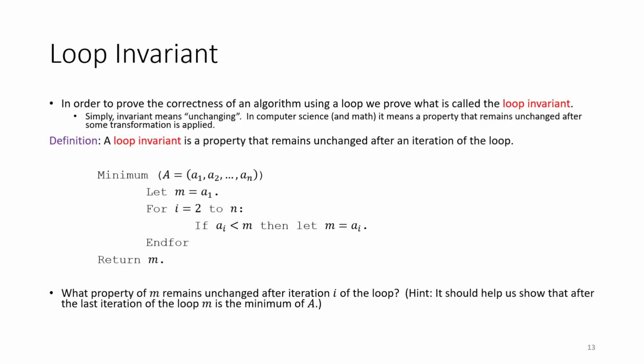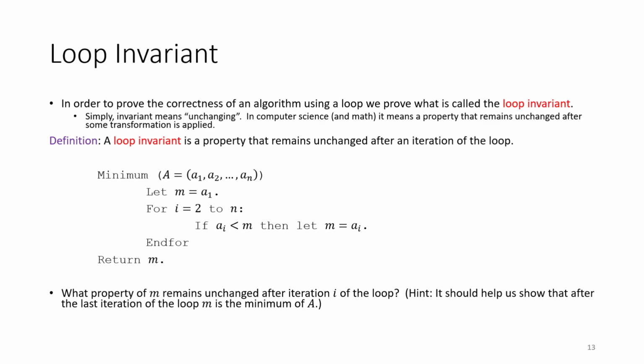And here's where I would really want to focus in on that principle and that property, because that's the property that's going to help us argue at the end of the loop that m is the minimum so far. If it's the minimum so far, and so far we've got through everything, then that's the critical argument we want to make. If m is the minimum so far, then at the end it must be the minimum of everything. So here I'm working my way backwards.